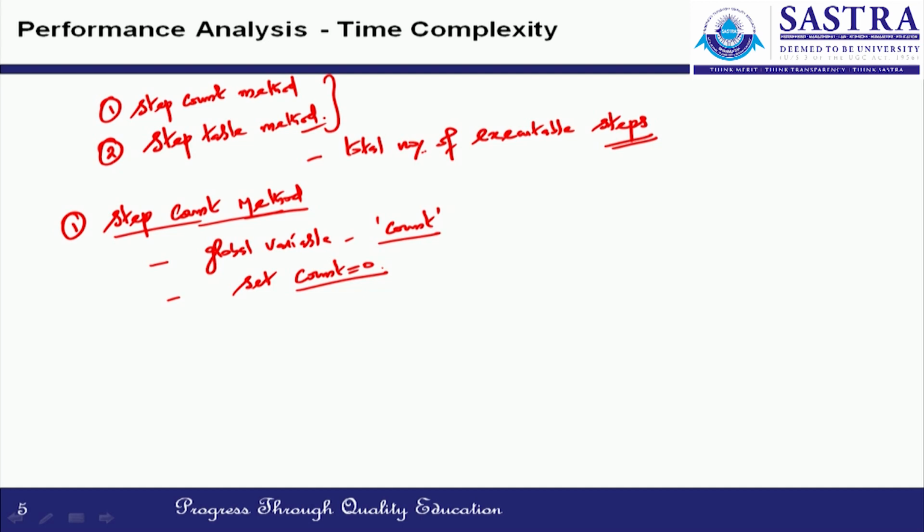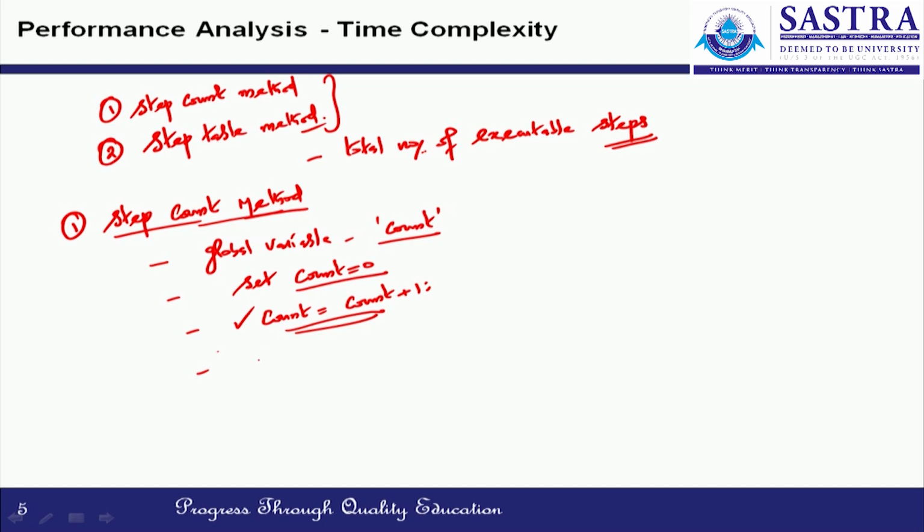Whenever we find an executable statement, that means we have a program step instruction, we need to increment the count by 1. Count is equal to count plus 1. For each program executable step instruction, we need to increment the count variable by 1.